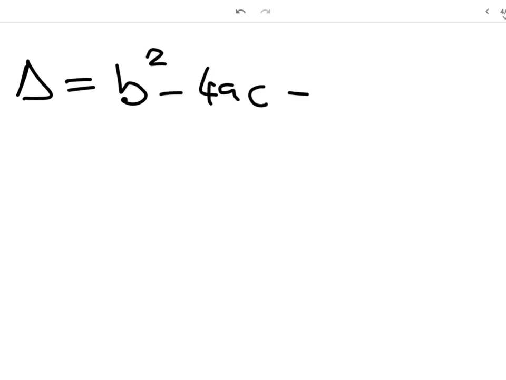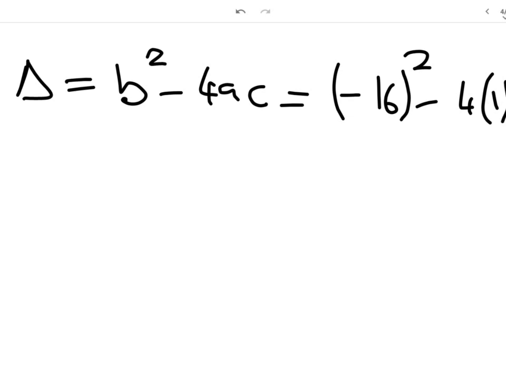And then now you have delta, which is b squared minus 4ac, and b is minus 16, minus 4 times 1 times 32, which will give you 128.